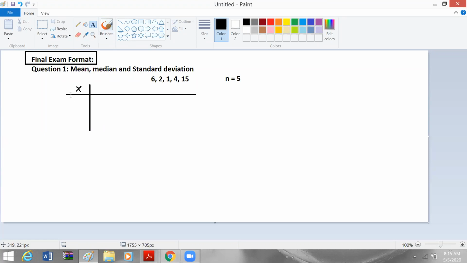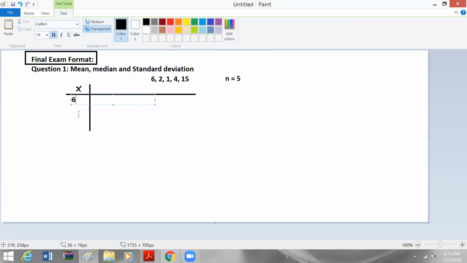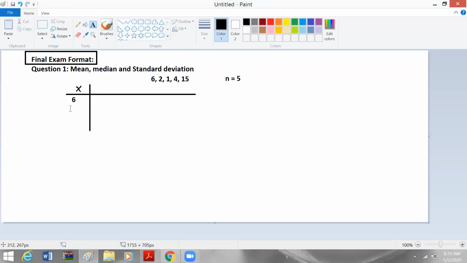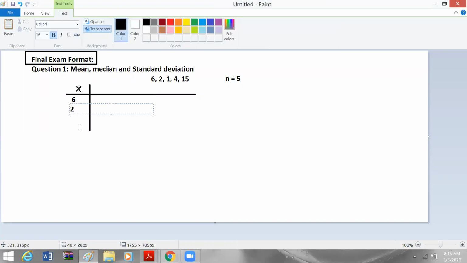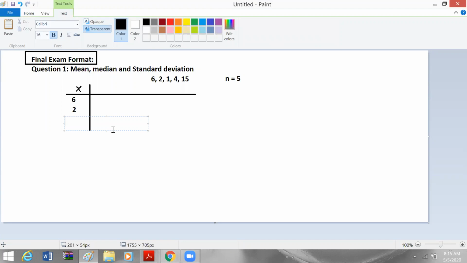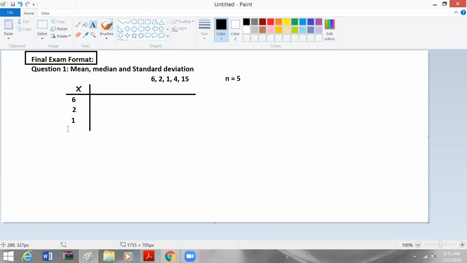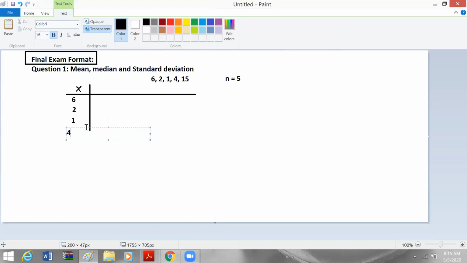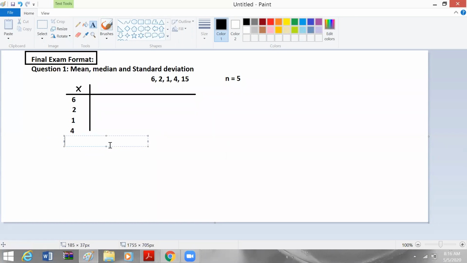The first one was 6, the second one was 2, the third one is 1, the fourth one is 4, and the last one is 15. You just do it like that.